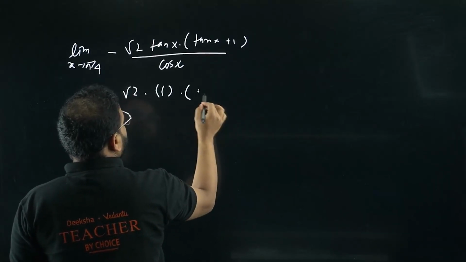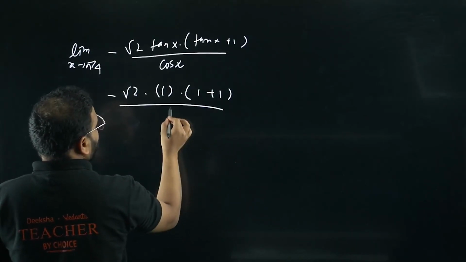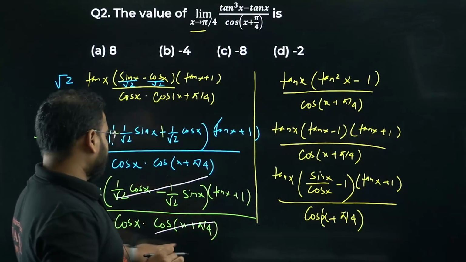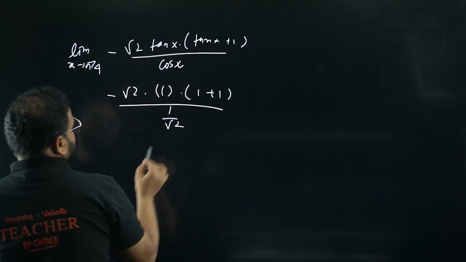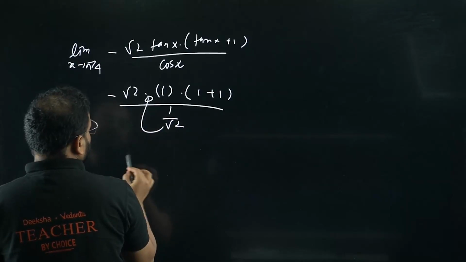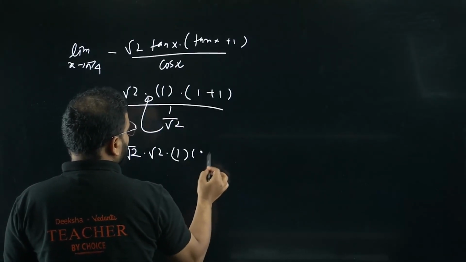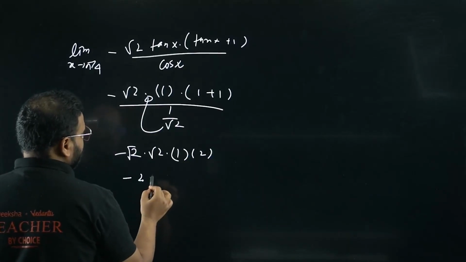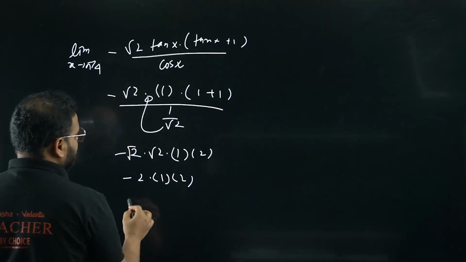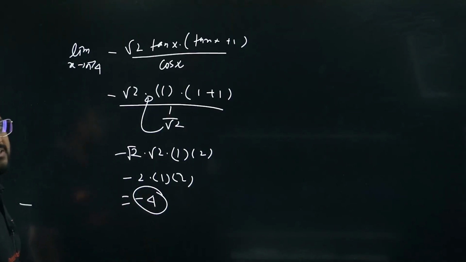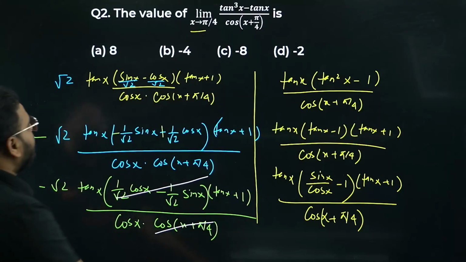So it will become 1 plus 1, divided by 1 upon root 2. So I get this as minus root 2 into root 2 into 1 into 2. How much is that? Minus 2 into 1 into 2. Please check. Minus 4. The answer is option B.